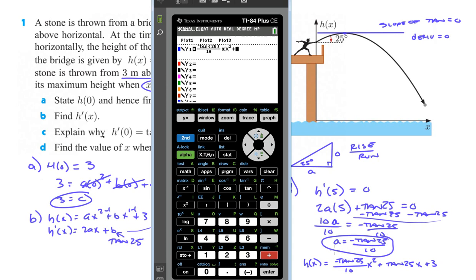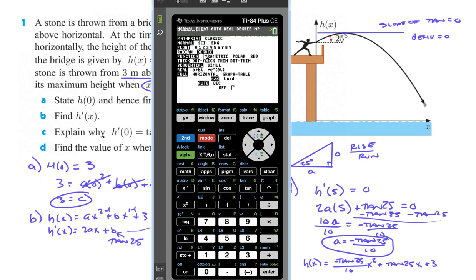Or no, wait, sorry, that's just plain old tangent 25, because that's what b was. Close the parentheses, and then plus 3. Okay, and then we can graph this, but first I'm going to make sure that my mode is in degrees, which it is. Super important to have that, otherwise it's going to be awful.